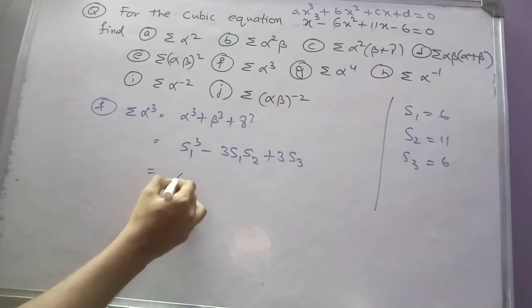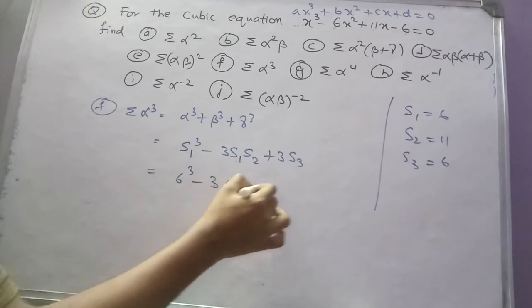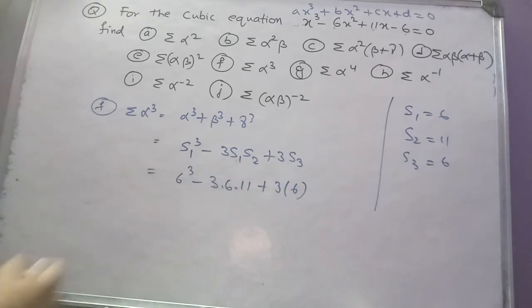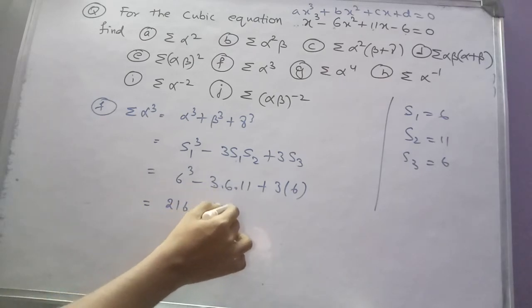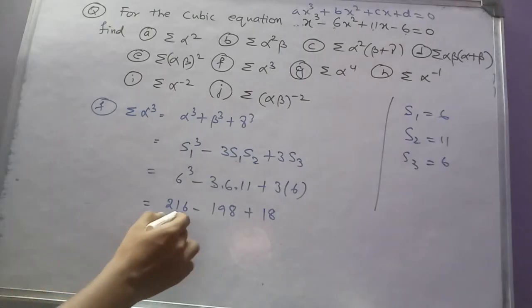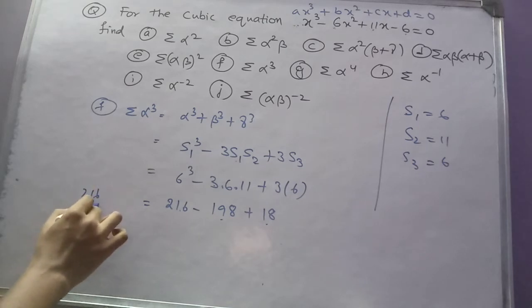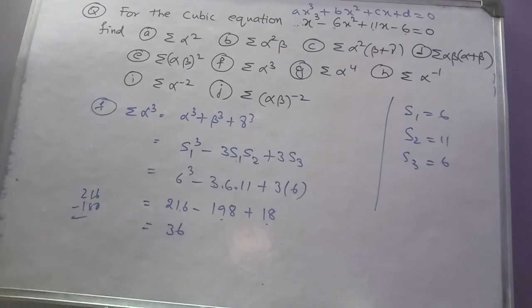So s1 cube is 6 cube minus 3 into s1 s2, that means 6 into 11, plus 3 into s3 which is again 6. 6 cube is 216 and this is 198 and this is 18. So what do you get, dear students? This is minus 180. So 216 minus 180 is 36. Sigma alpha cube is 36.